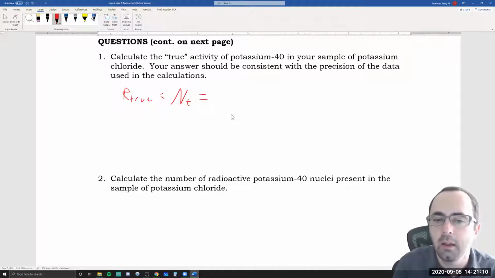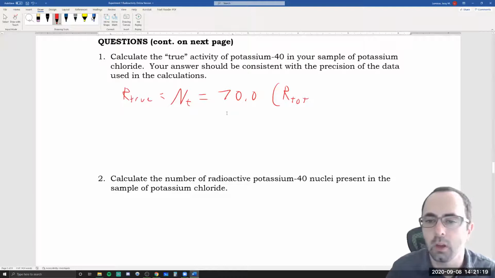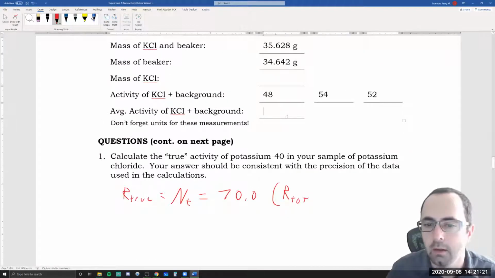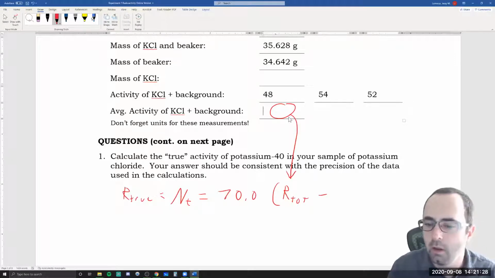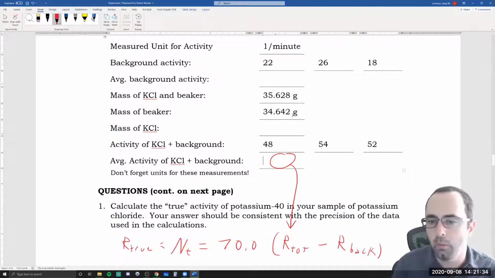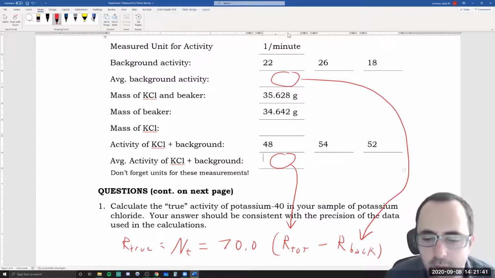And this is going to be 70.0 times the total radiation, which is going to be our average right here. So this right here is going to go right there, minus our radiation from the background, and that's going to come from right up here, the average of the background activity.